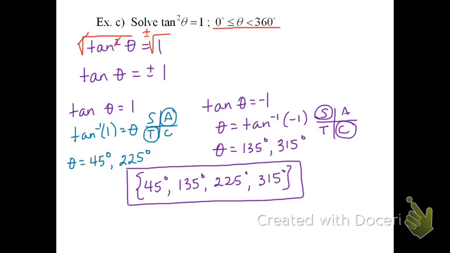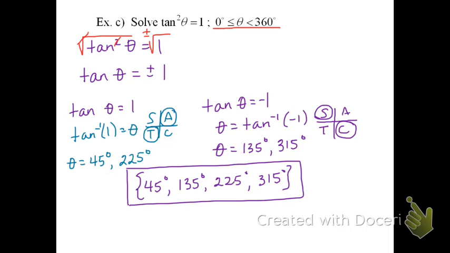Now, one word of caution. When we're working with tangents and cotangents, secants, cosecants, remember that those functions have asymptotes.